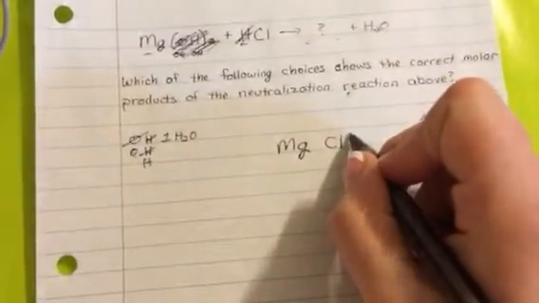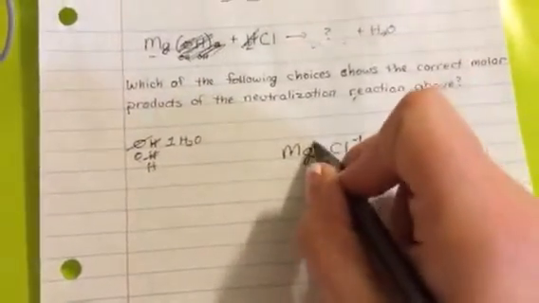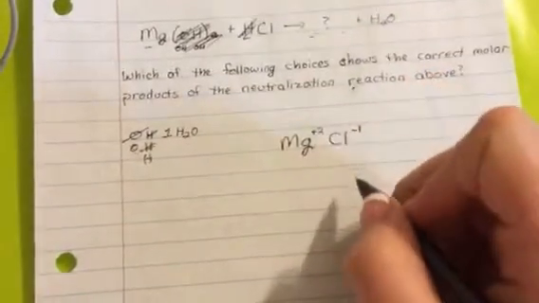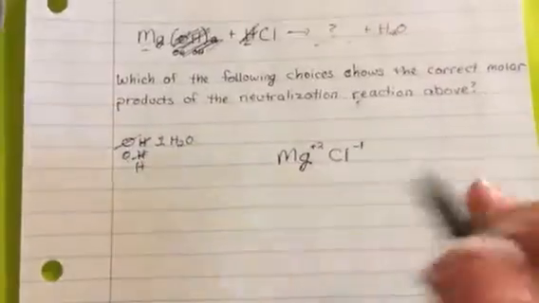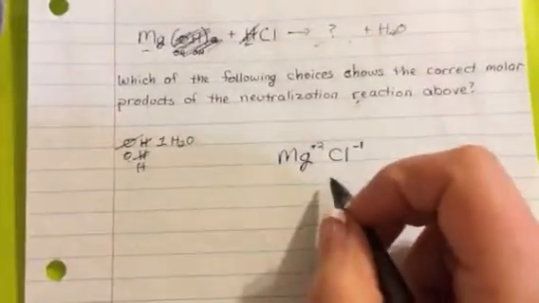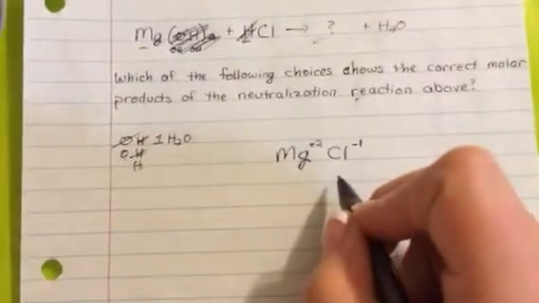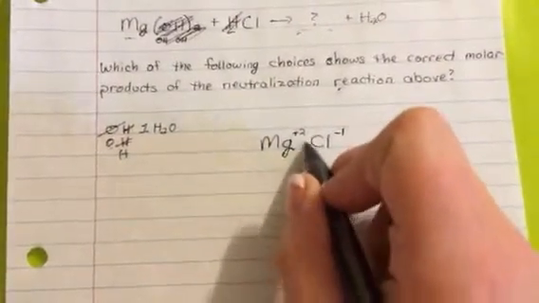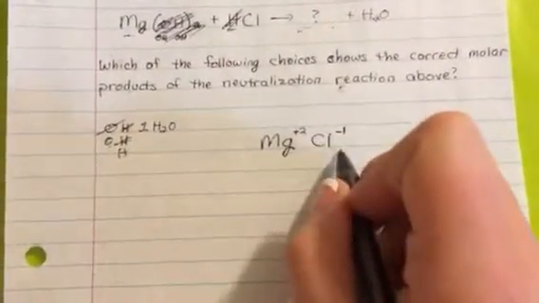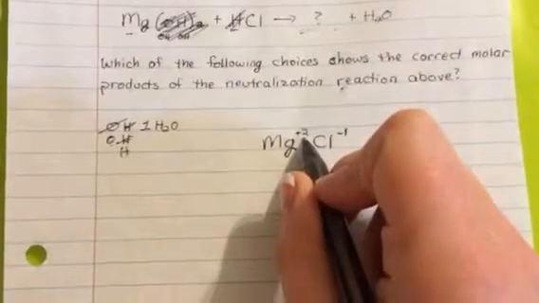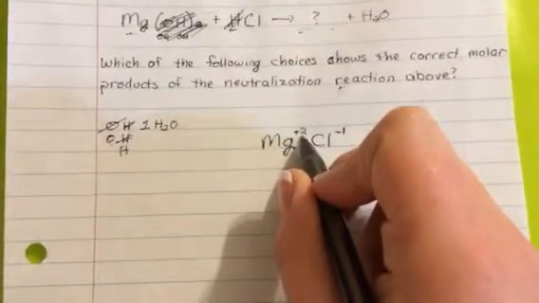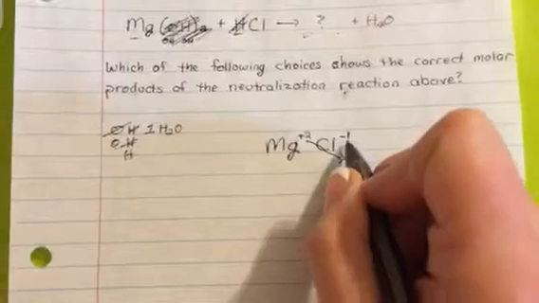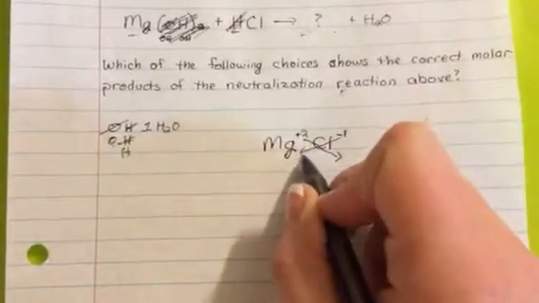So going back over here, I said there's a -1 charge here and a +2 here. When we create the ionic bonds to make this compound, you basically crisscross the charges. So this +2 charge is going to go down here, and this -1 is going to go down here.